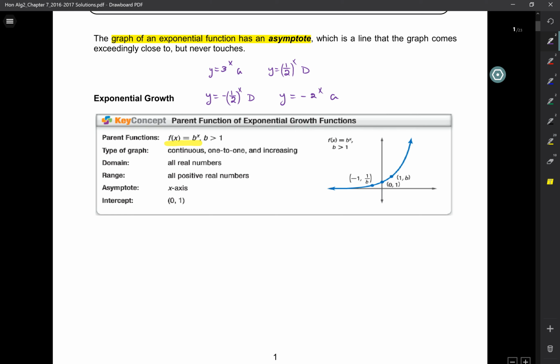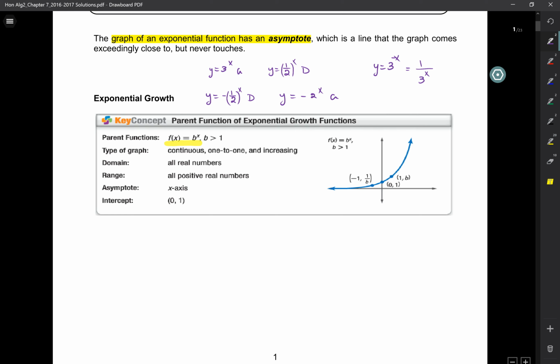And now what if you have y equals 3 to the power of negative x? Okay, so let's think about that. What does it mean to have negative exponents? Let's change it to a positive exponent. This is 1 over 3 to the x, right?